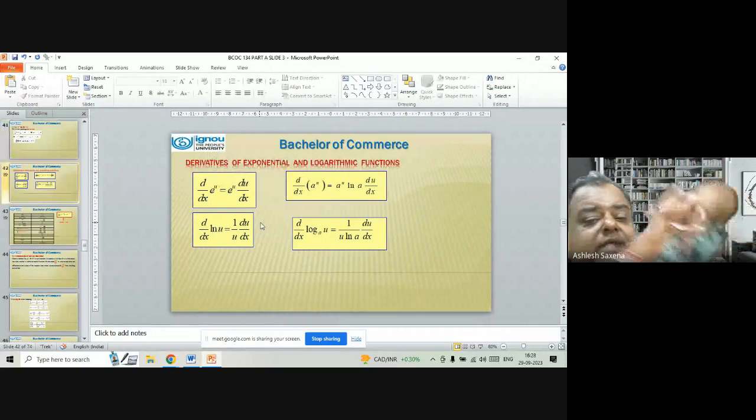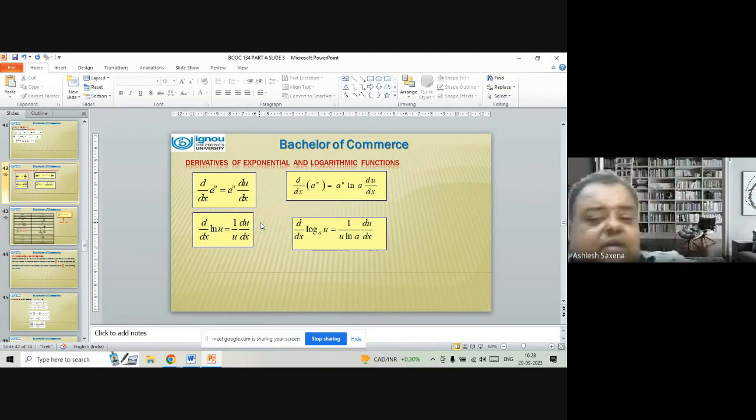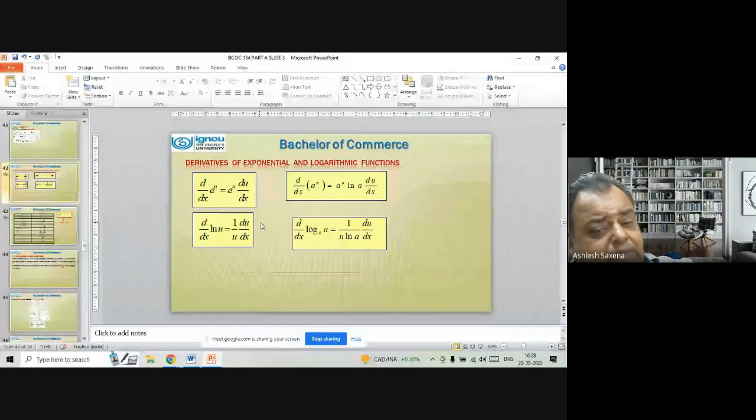Now, the derivative of what I did over here, the derivative of exponential and logarithmic functions. We have to calculate d by dx of e^u. In that case, it will be e^u into du by dx. Suppose we have a function in the form of a raised to the power u. In that case, its answer will be a^u log a into du by dx.